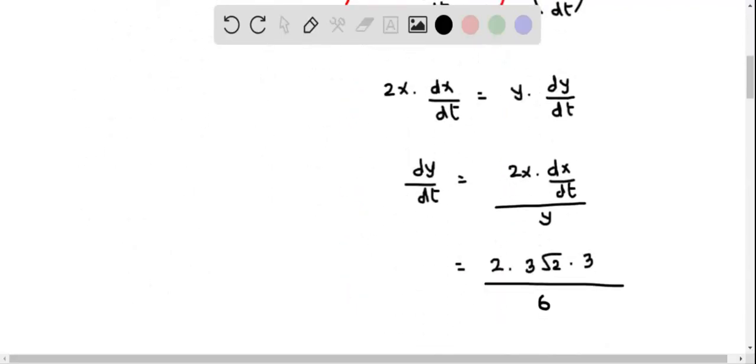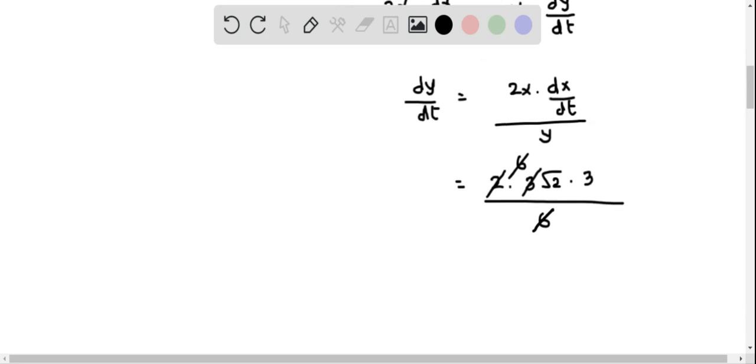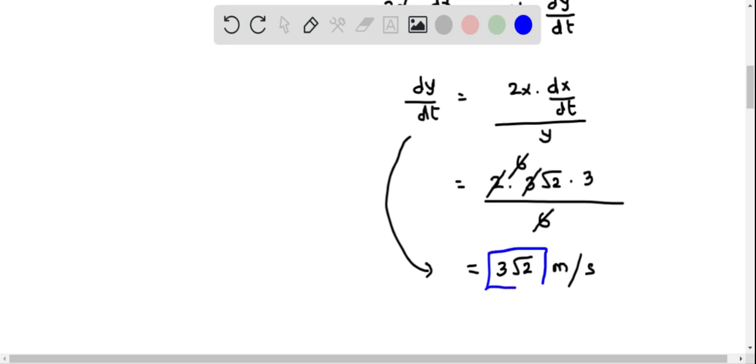Let's simplify this. 2 times 3 is 6, and this 6 gets cancelled with this 6. Finally we are left with 3 times root 2 in the numerator. So we get 3 root 2. Since this represents the hypotenuse, we put the unit as meters per second. And so we see that the rate at which the hypotenuse is changing is 3 root 2 meters per second.